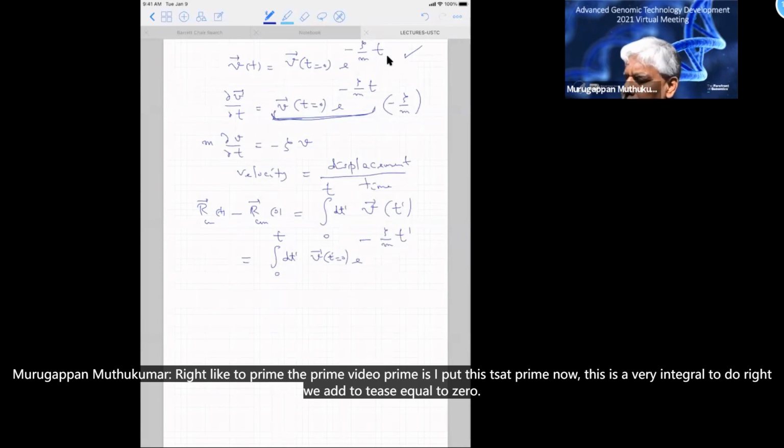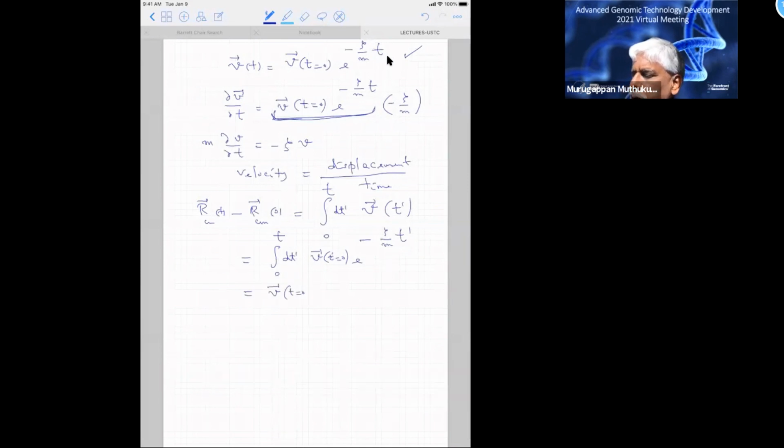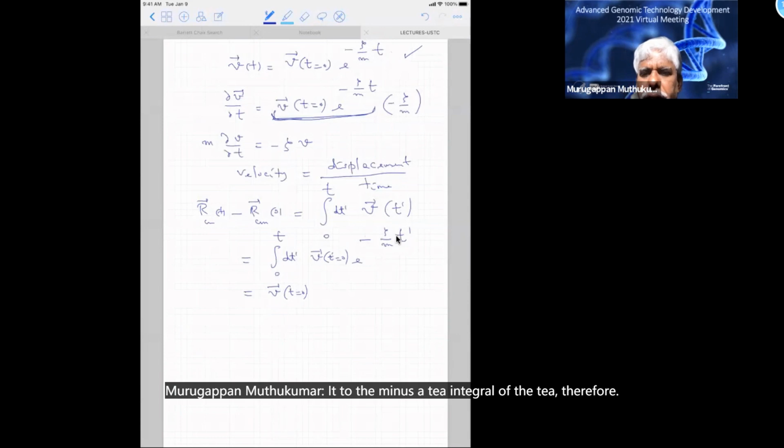Now this is a very easy integral to do, right? v0 is the velocity at the earlier time 0. And then I have e to the minus at, whose integral of dt is negative 1 over a e to the minus at.